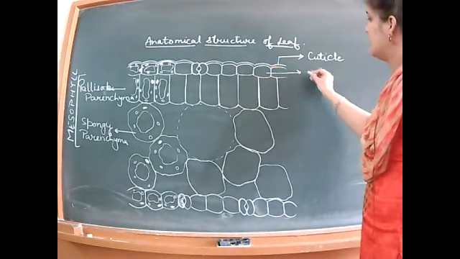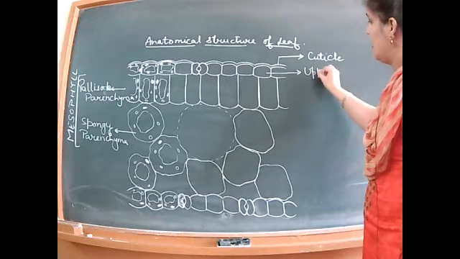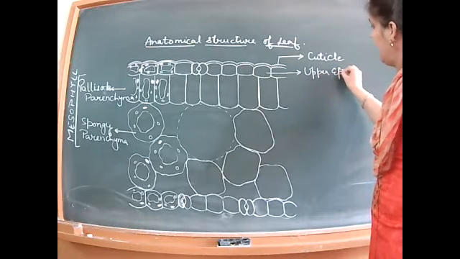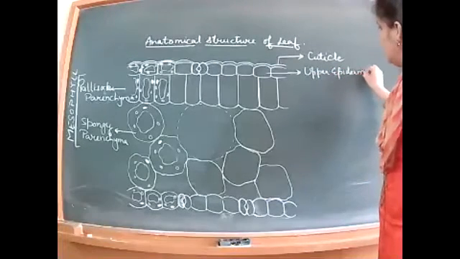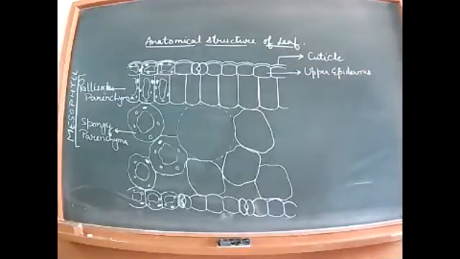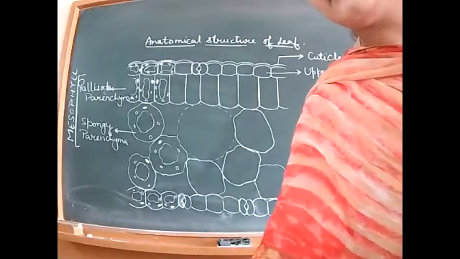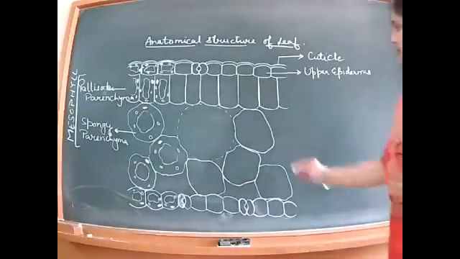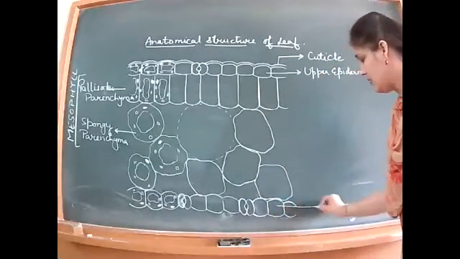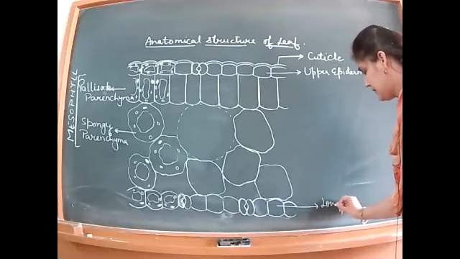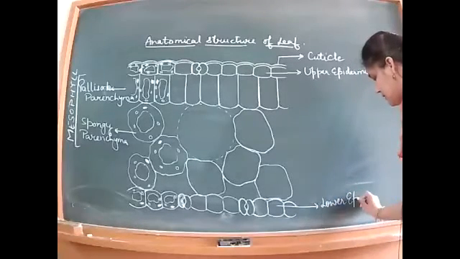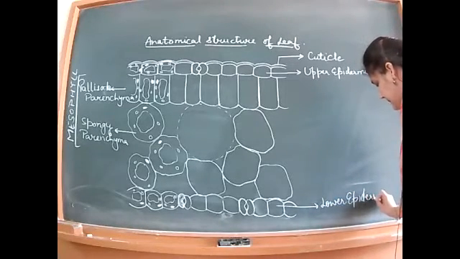Then this layer is named upper epidermis. This we have labeled on the left side. Next, after these, there is the lower epidermis. This is lower epidermis.